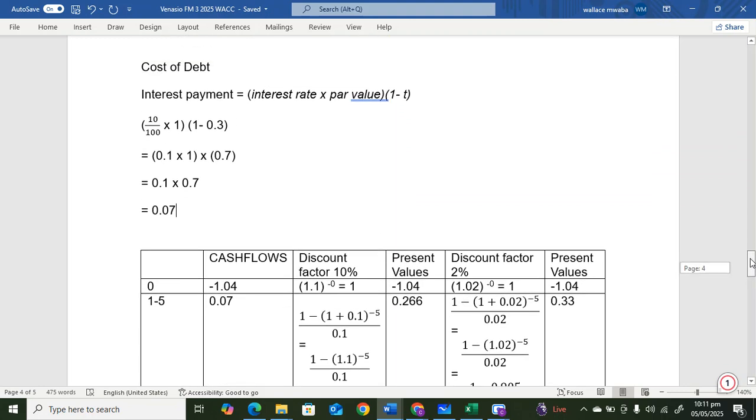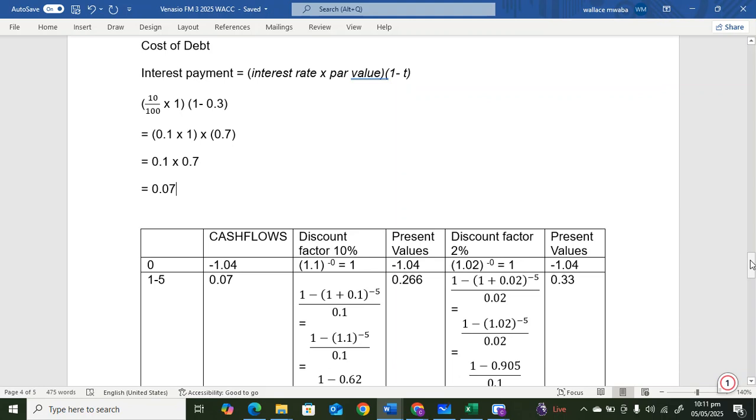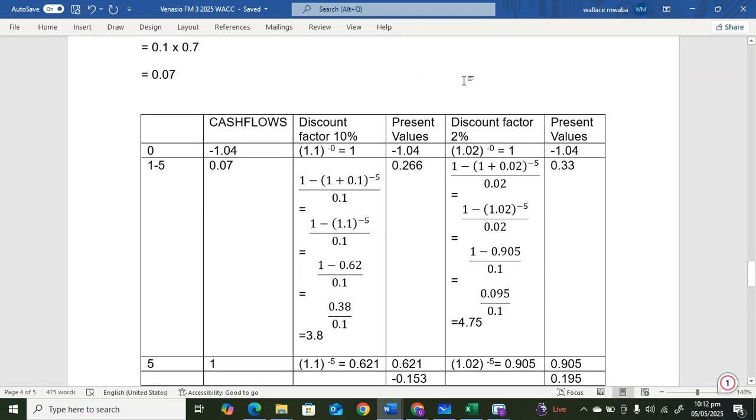Once you have found the interest payments, it's the same way we do the internal rate of return. First, you get the first net present value, then afterwards you get another net present value. That's the internal rate of return. If you remember how we calculated our net present value, we had cash flows, discount factors, and present values.